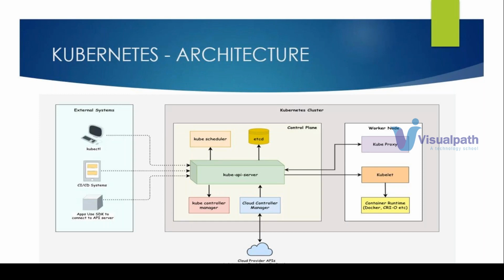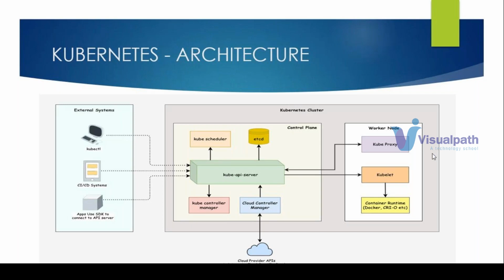The cloud controller manager is based on the cloud vendor, but these four items you can see everywhere. If you want to set up your Kubernetes cluster on-prem, you need to configure and play around with these things.